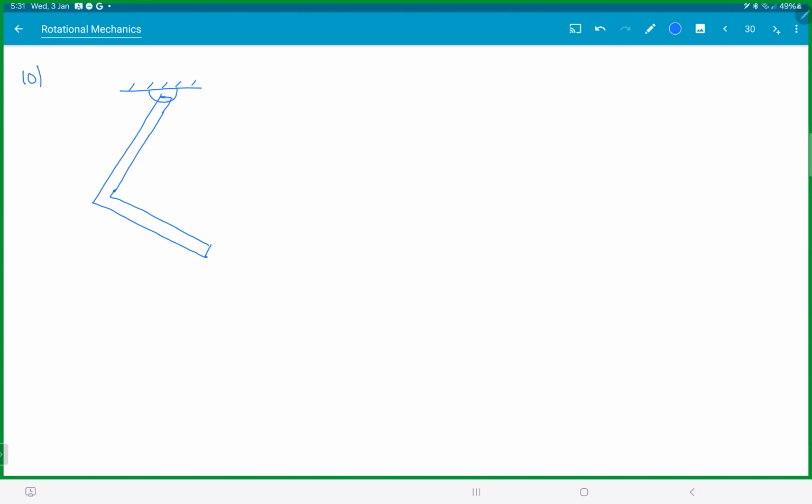There we have an L-shaped rod here, in equilibrium.